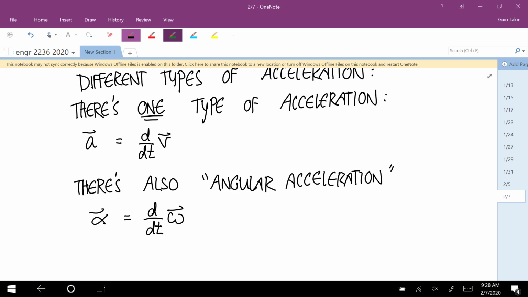That's the acceleration. The angular acceleration is not talking about a point moving around. It's talking about an object with dimensions changing orientation. It's changing the angle, where it's looking.